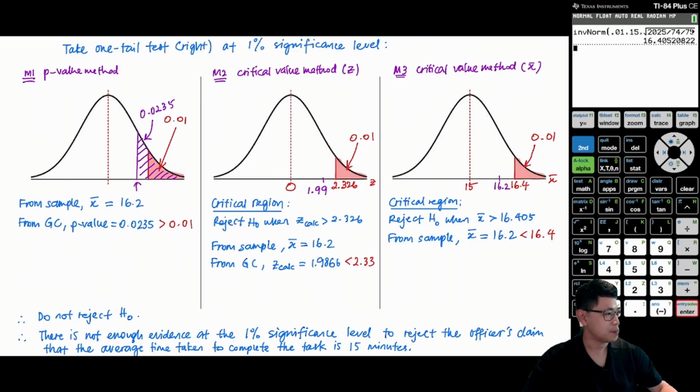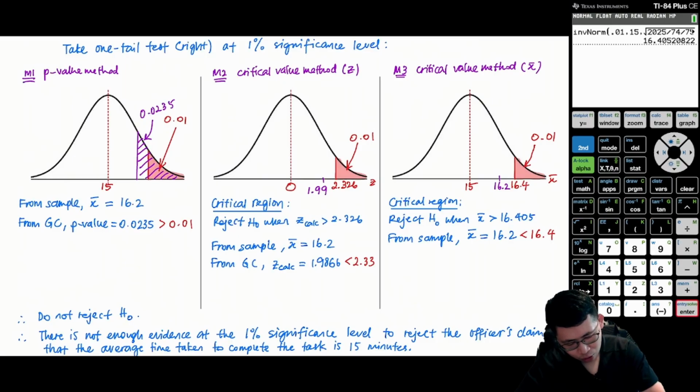It will be good if you can do a little bit of math, and you can try to find out that this value over here is actually 16.2. So if you were to put 15, your 16.2 is over here, and this is based on x bar.